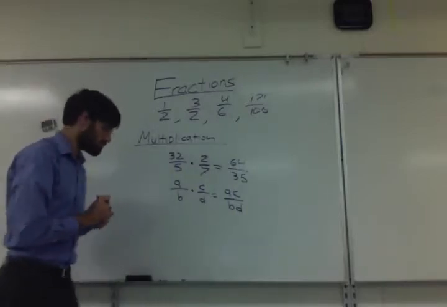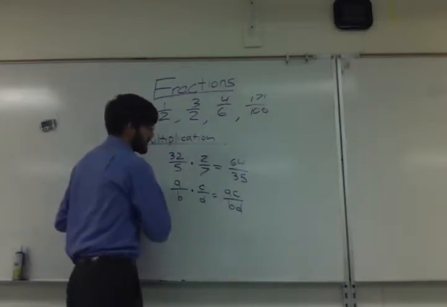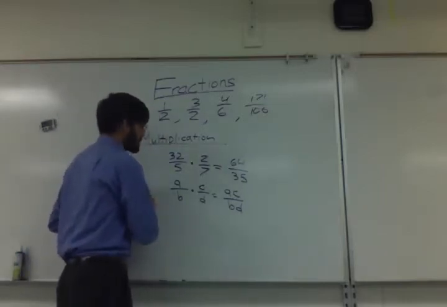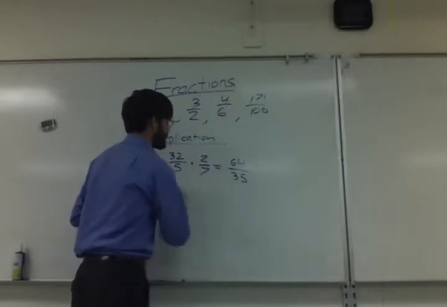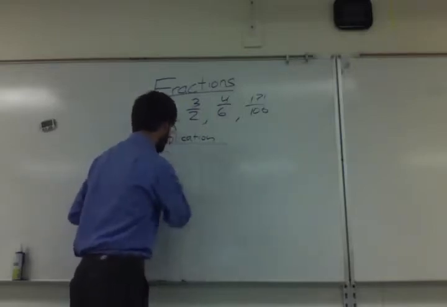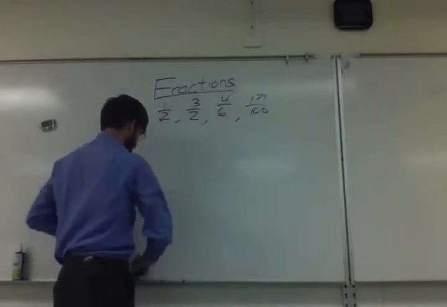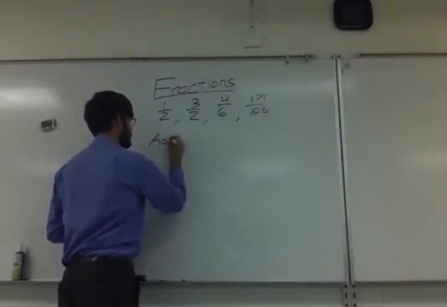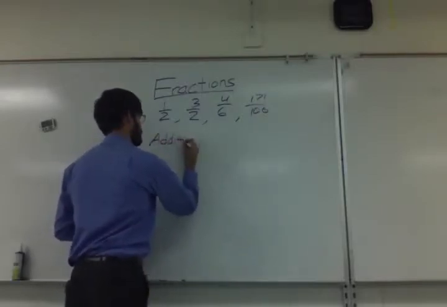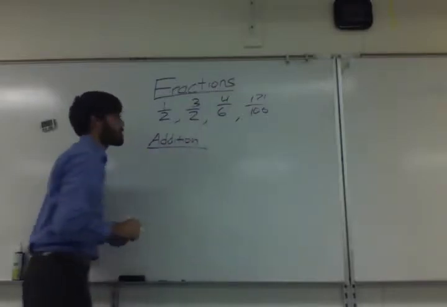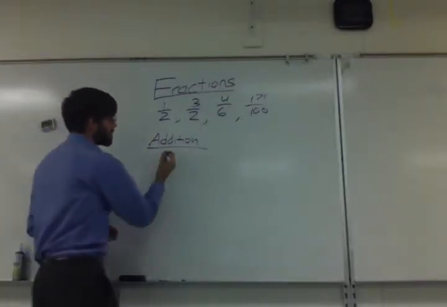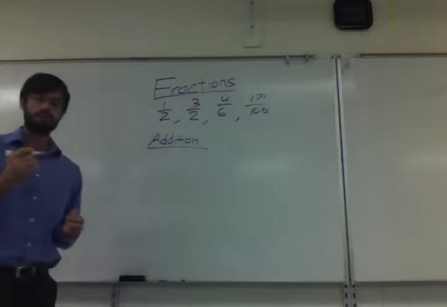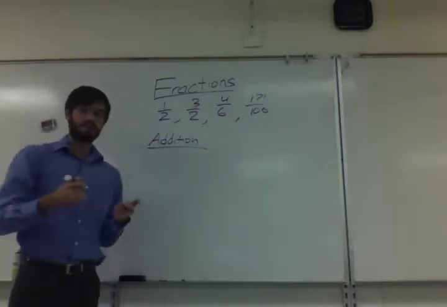Really straightforward. The next thing that I want to talk about is the addition of fractions. So when we want to add two fractions together, there's one really straightforward scenario, and that's when we have the same denominator.